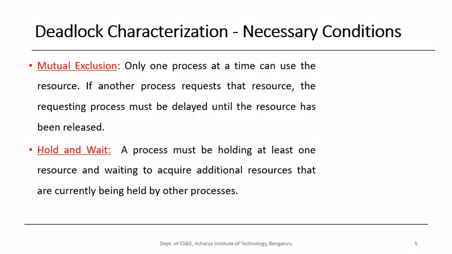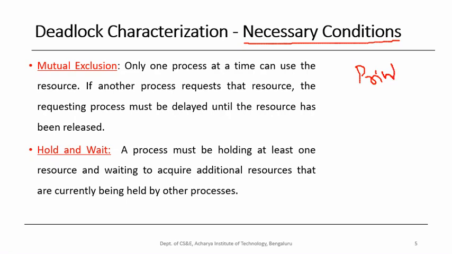Okay, so let's try to characterize deadlock. For deadlock to occur in a system, there are some necessary conditions. So what are those necessary conditions? One is mutual exclusion. What is mutual exclusion? Suppose there is a resource, let's say a printer.